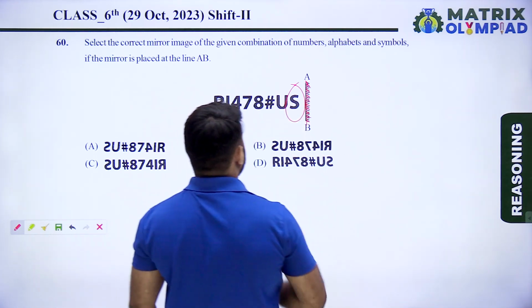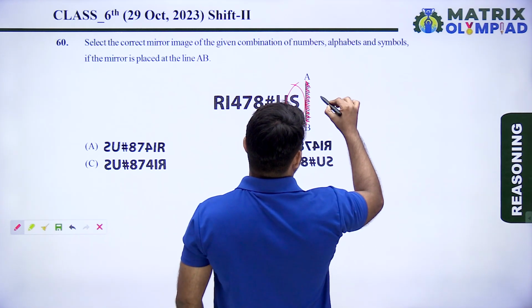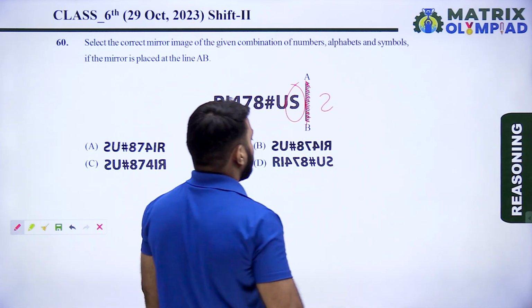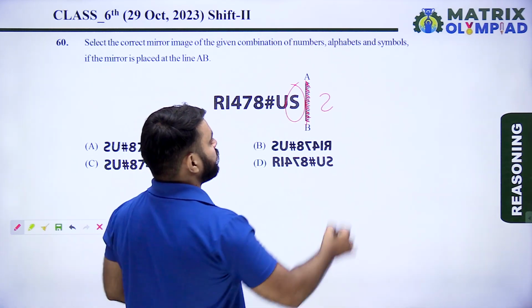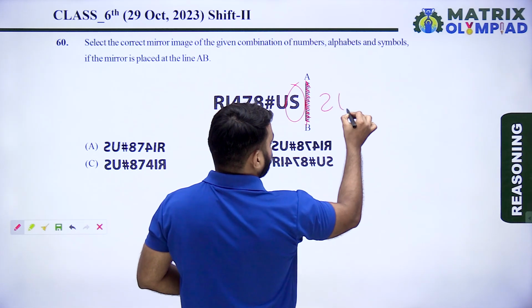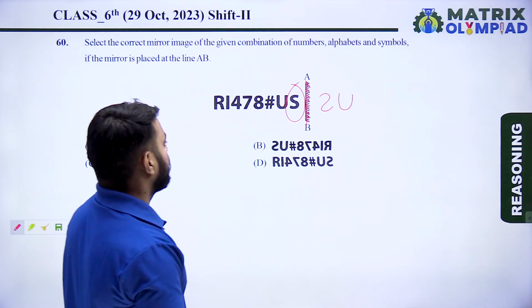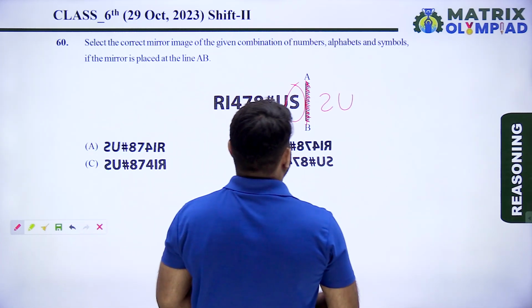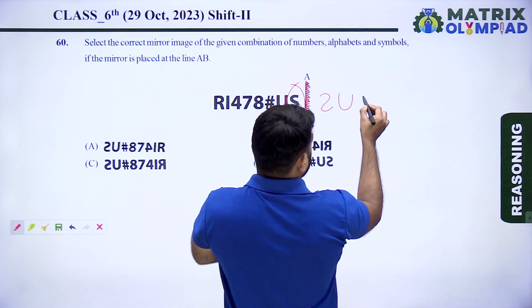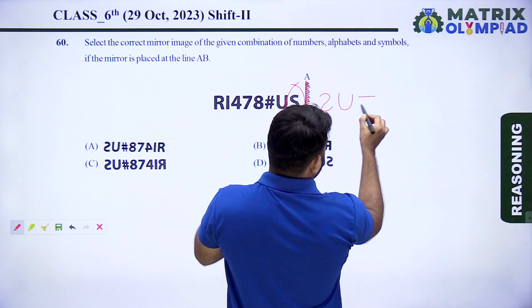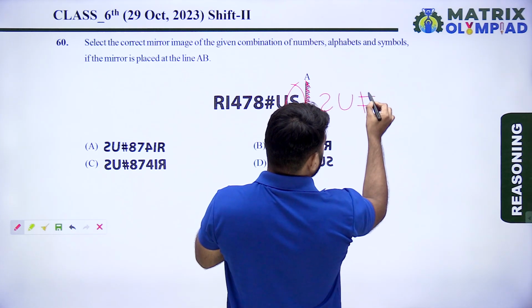So mirror image of S looks like this. Now find the mirror image of U. So mirror image of U looks like as follows. Now find the mirror image of H. So mirror image of H looks like as follows.